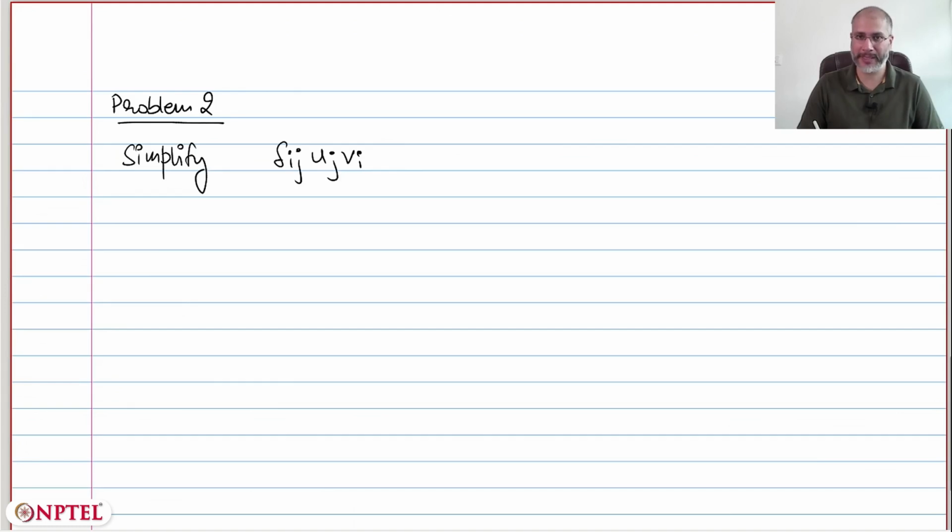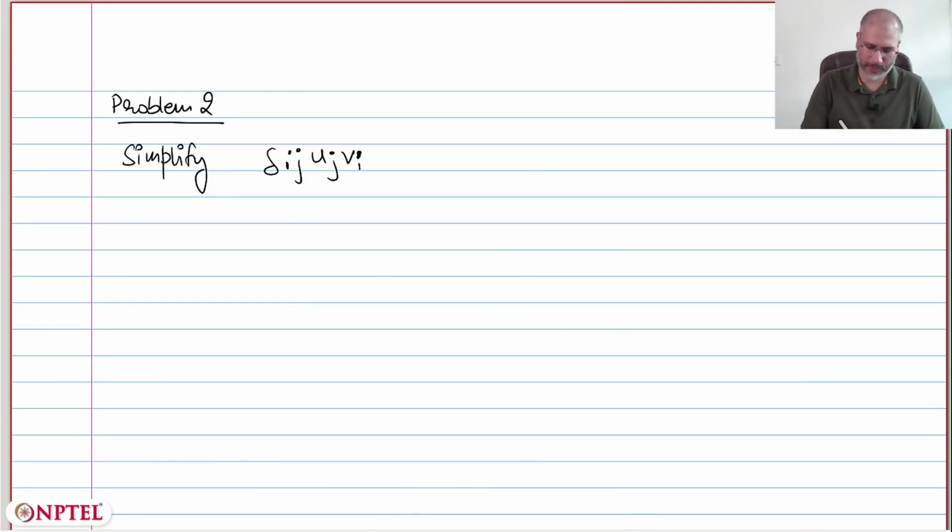Now remember, the repeated index should be outside delta in the sense that there's an i here and there's an i here. The two indices of delta, if they're repeated, then it's simply equal to 3, as we saw in the last lecture. So let's not worry about that. So we see here that the index i is the repeated index.